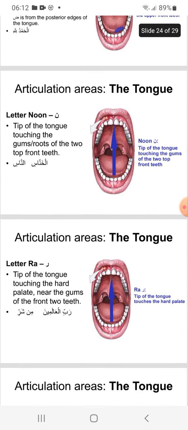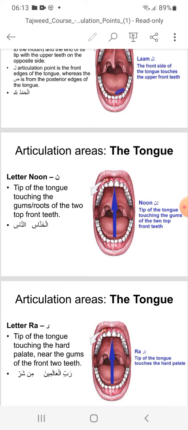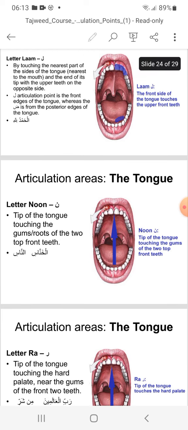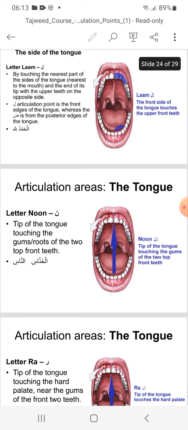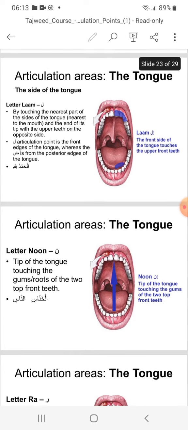What else should we take care about? Here we should take care about the mistakes we make with the noon. Let's take the noon first. What is the big deal with the noon? Why are people suffering with the noon? Some people suffer because they don't know how to produce the noon. Is it enough that we just put the tongue on the gum of the upper two teeth?